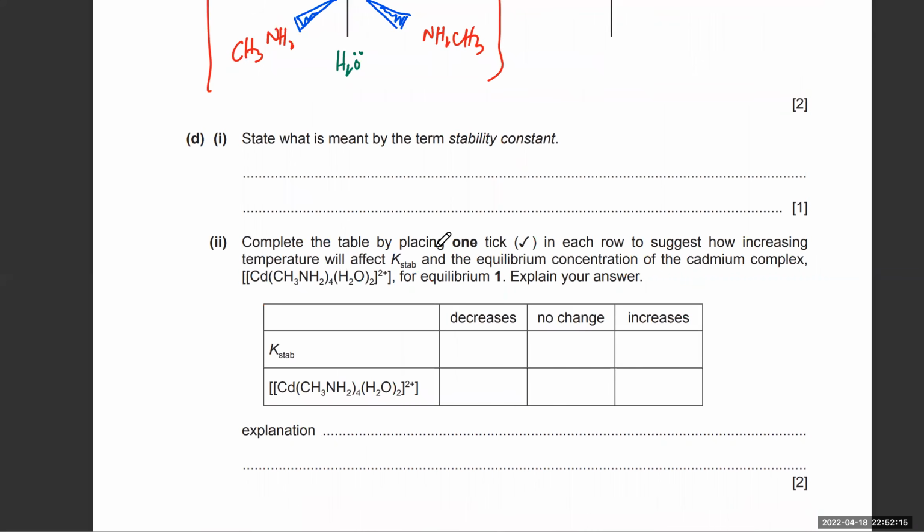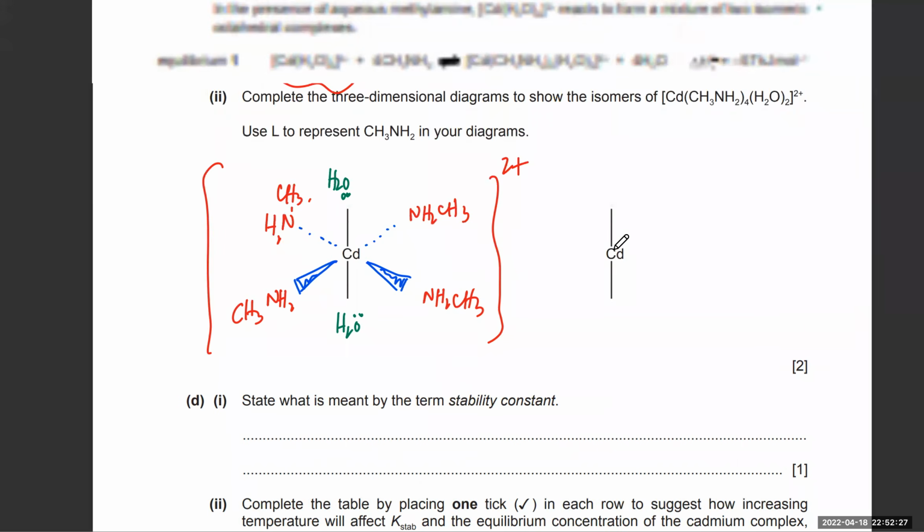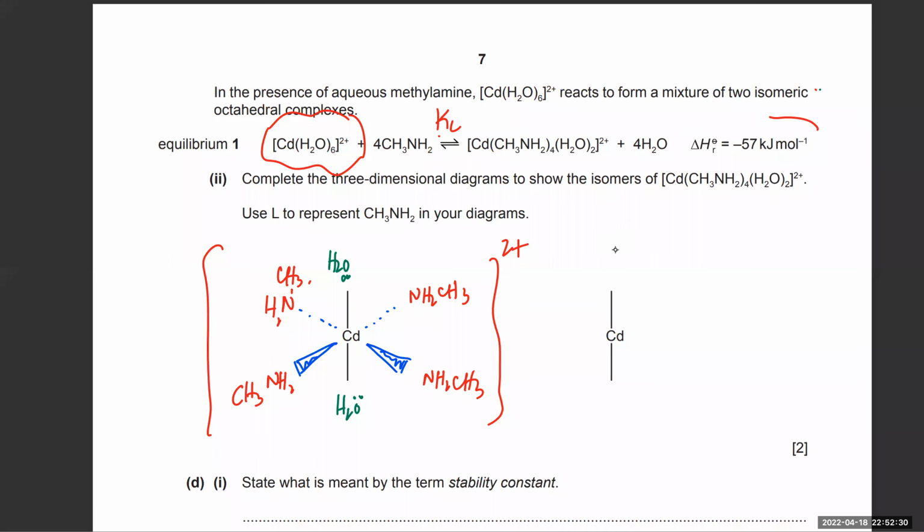Complete the table by placing one tick in each row to describe how increasing temperature will affect K stability and the equilibrium concentration of the cadmium complex. They've given us the enthalpy change. It's a reversible reaction, and Kc, remember, changes with temperature.